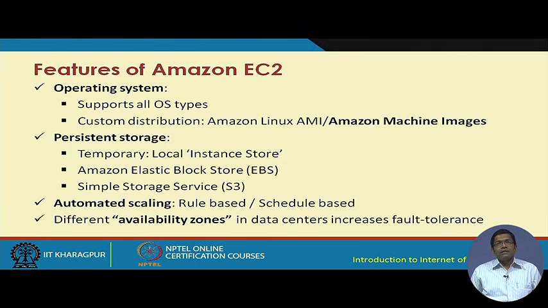In terms of storage, it has temporary storage for local instance store, and also the Amazon Elastic Block Store, the EBS, and the third is the Simple Storage Service, S3. So, these are the persistent storage mechanisms that are available in EC2.